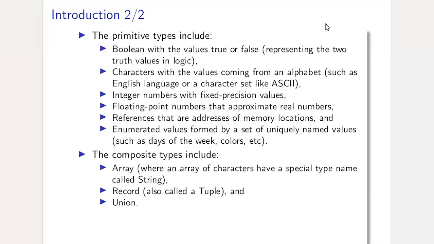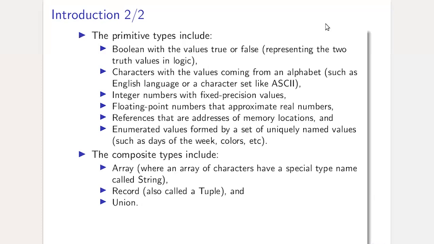So your postal address could be a record. It has a number, which is the house number, and then some character arrays, which give the lane and the town, and another number which could be the postal code.